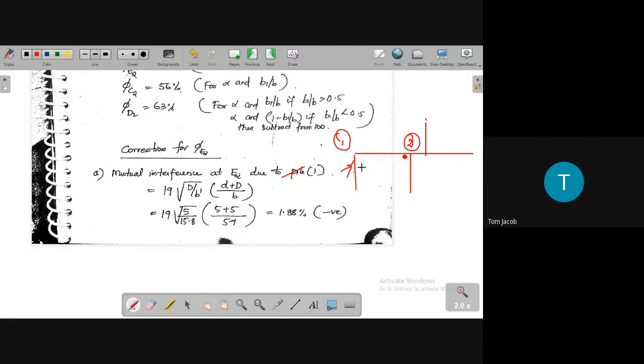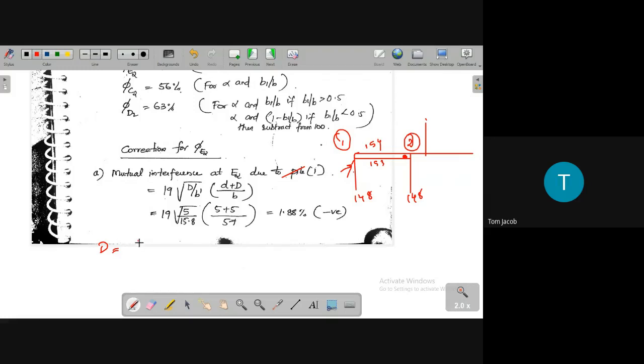So capital D is the depth of that pile, and it is taken from the bottom of the structure. That is, the structure's top level was 154, and this is 153, and this is 148, and this is also 148. So capital D is equal to 5.